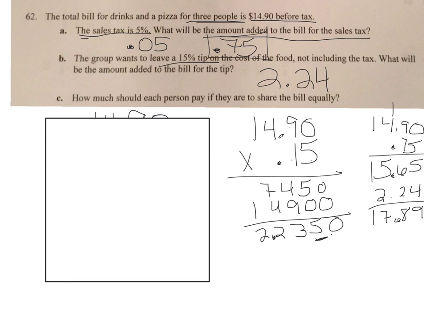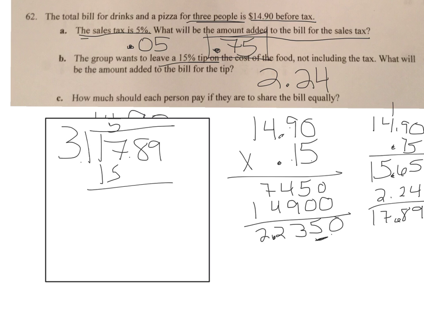So now we have 17.89 divided by the 3 people. So 3 goes into 17 5 times. I'm going to have to write small. So that'll be 15. Bring down my 2. It'll go in there 9 times. Don't forget to bring that decimal up.